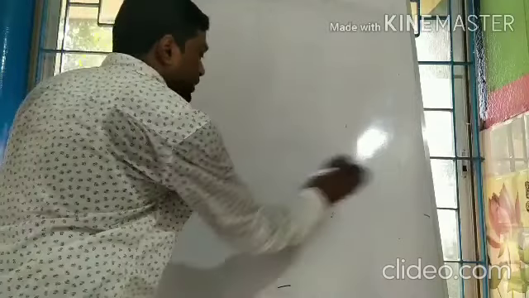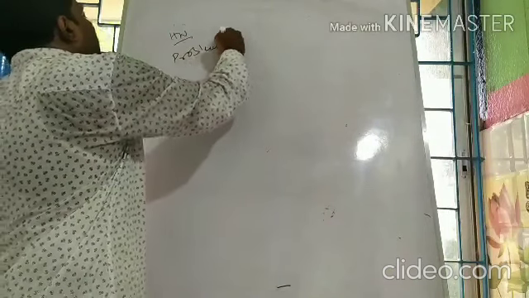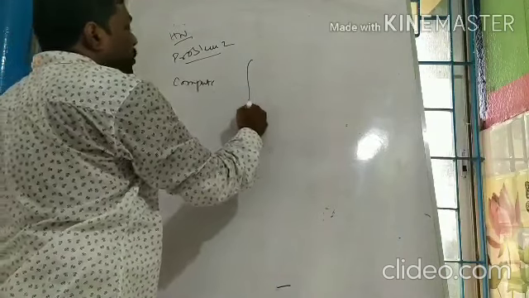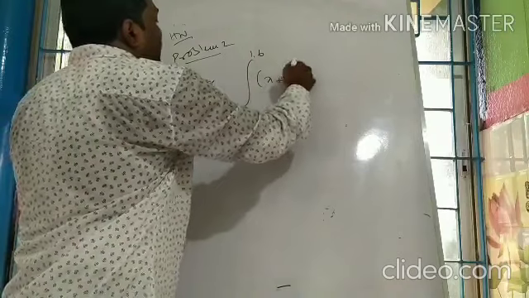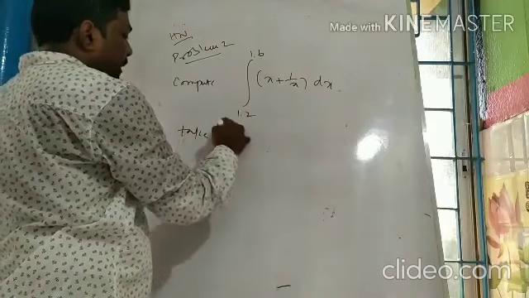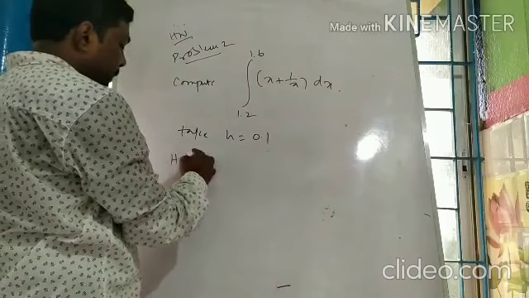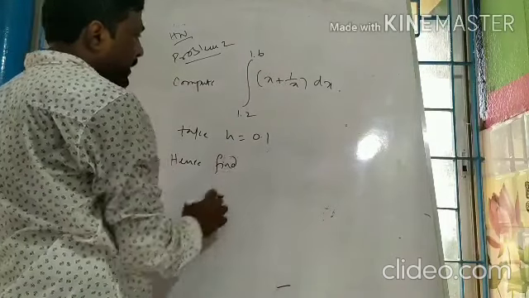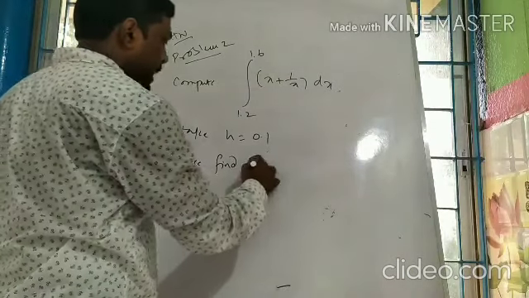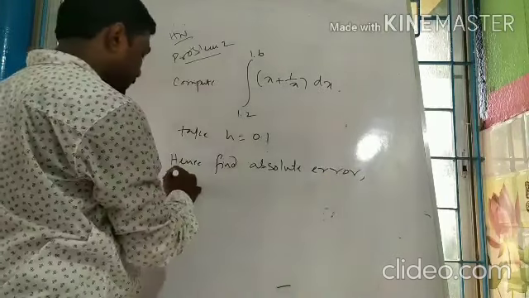Next homework. Problem 2. Compute the integration from 1.2 to 1.6 of x plus 1 by x dx. Take h equals 0.1.